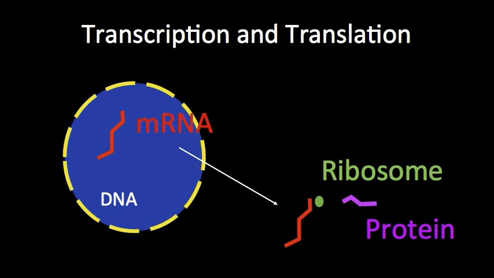Humans have about 20,000 genes, and each of them can be copied to a template called mRNA. That mRNA can then migrate out of the nucleus to the ribosome, sitting on the rough endoplasmic reticulum adjacent to the nucleus.